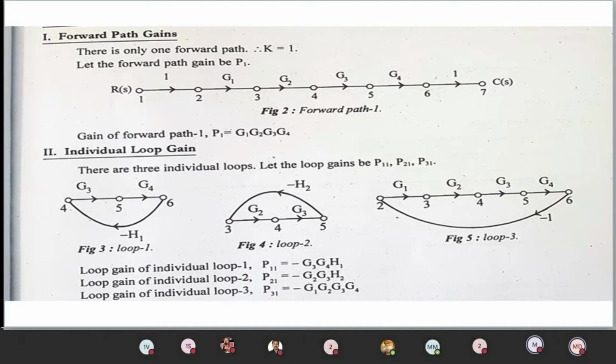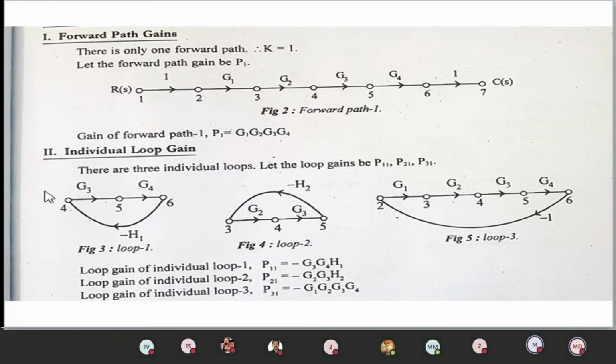Now individual loop gain. There are 3 individual loops. 4 to 5, 5 to 6, 6 to 4: it starts at node 4, travels through 5, 6 and reaches 4. Then 3 to 4, 4 to 5, 5 to 3. Then loop 3: 2 to 3, 3 to 4, 4 to 5, 5 to 6, 6 to 2.